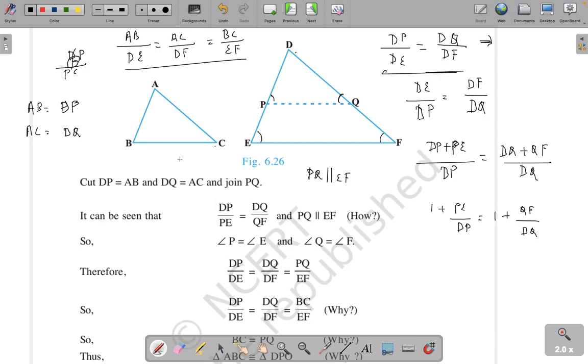Angle A equals angle D. How can we prove this? By angle sum property. But we don't know whether angle P is equal to B and Q is equal to C.